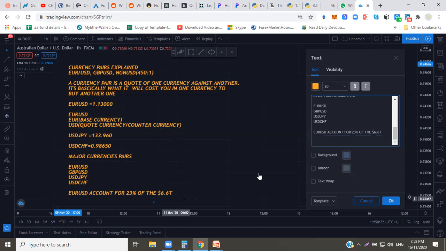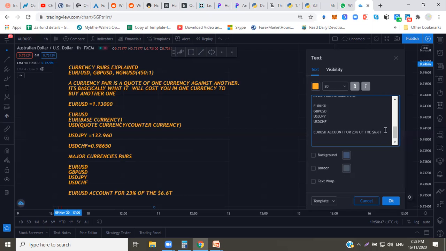That means almost $2 trillion every day is done through Euro USD. So Euro USD is the number one currency pair in the world.